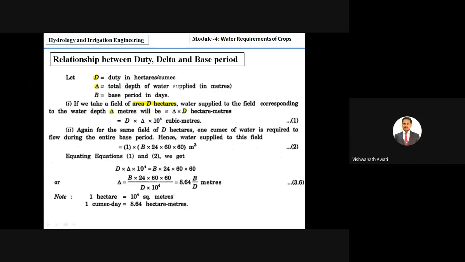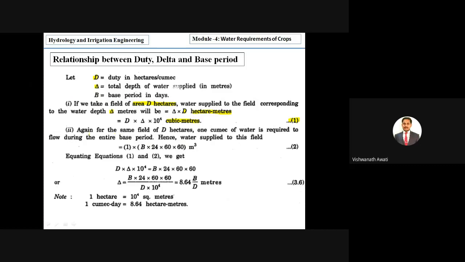So it will be delta into D hectare-meters, and this is converted into cubic meters. Take this as equation 1: D into delta into 10 to the power 4. Why is it 10 to the power 4? Because it is converted from hectare-meters to cubic meters, right?